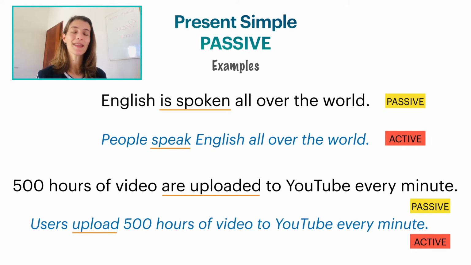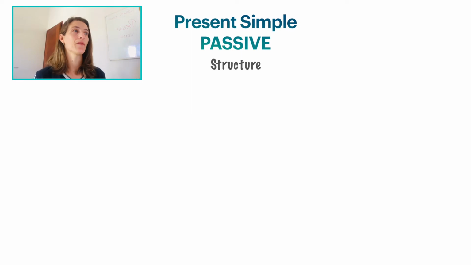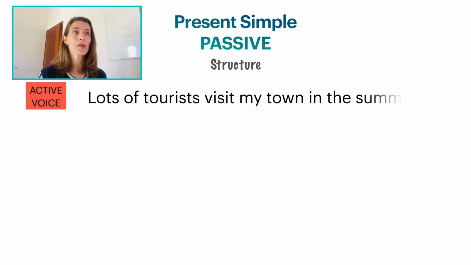Vamos a ver más en detalle cómo es la estructura de una oración en voz pasiva comparada con una oración en voz activa. Okay, so we have another example here, and let's start with the active voice. Lots of tourists visit my town in the summer. Muchos turistas visitan mi ciudad durante el verano.